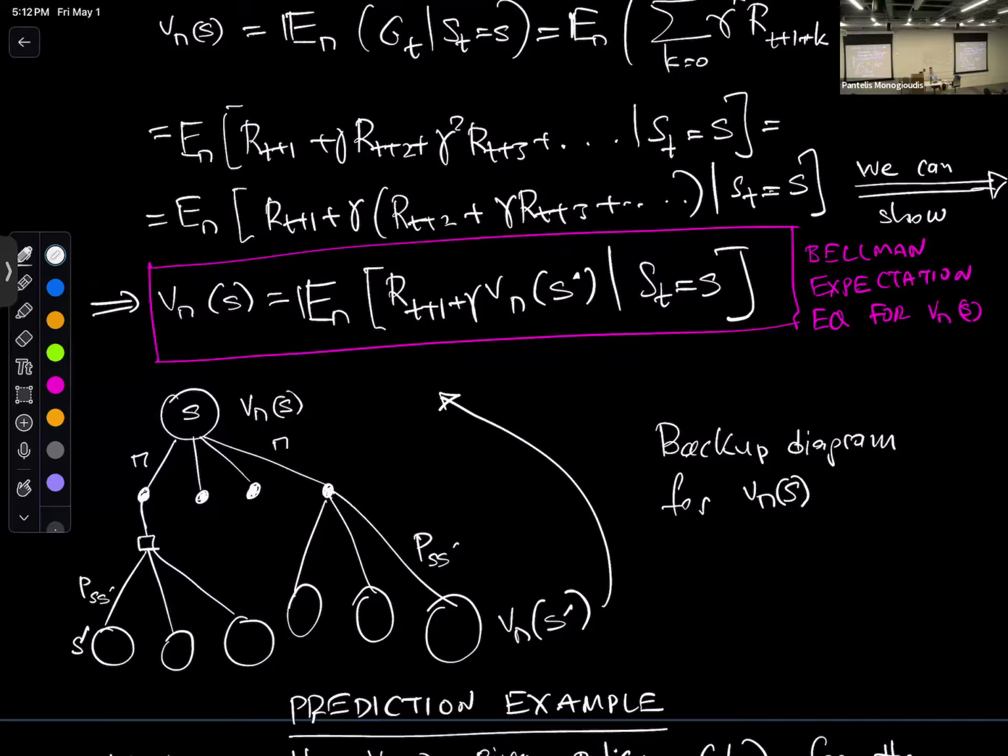With capital letters, you understand immediately when you have an expectation that they are random variables. It's only when you replace the expectation with summations, because you know the probability distribution, that you are entitled to write the specific values: the small letters, the action, the reward that you actually got, and the S prime you ended up in.